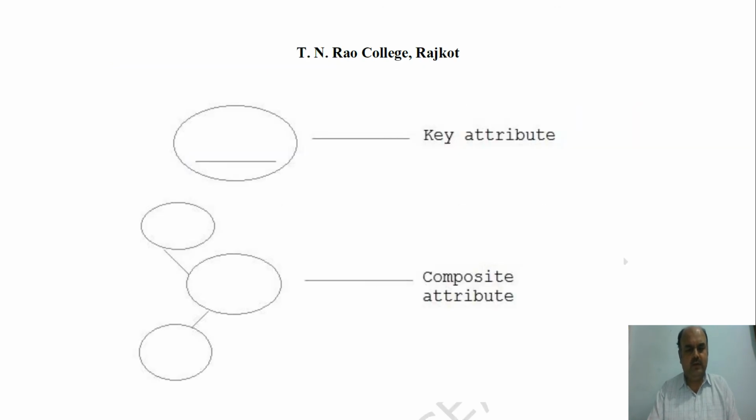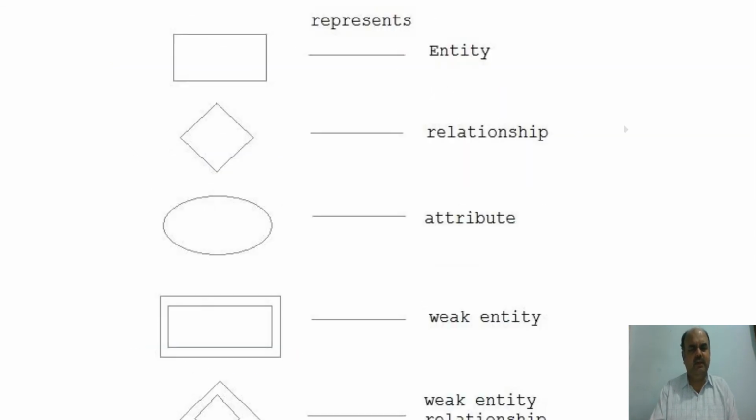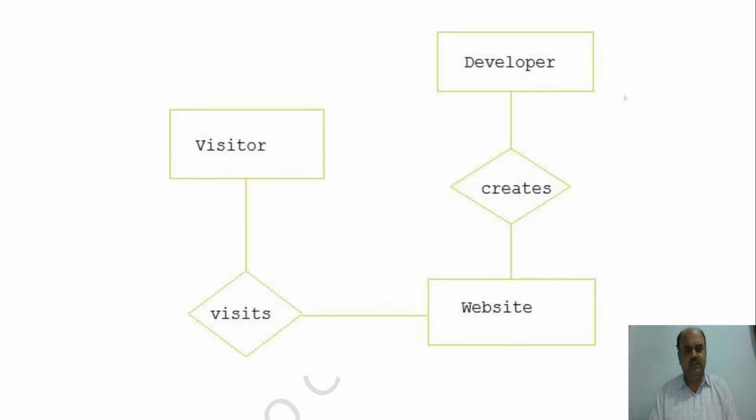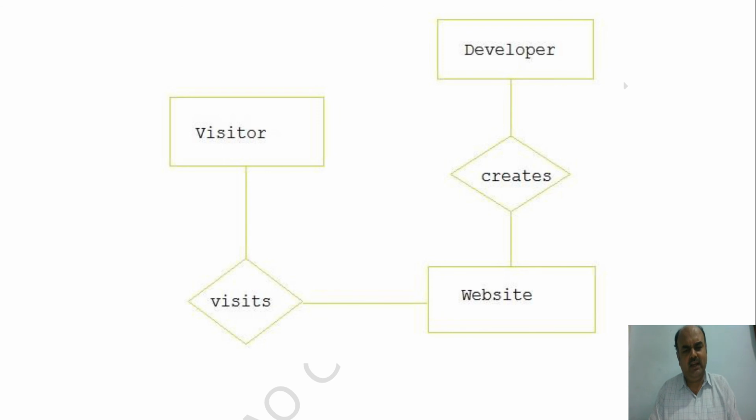Further, we will verify the same thing here and revise it. Here we have seen the example of the ER diagram. Developer and visitor are both entities, and the third entity is the website that we have discussed. A relationship is represented with the diamond shape, an entity with the rectangle.